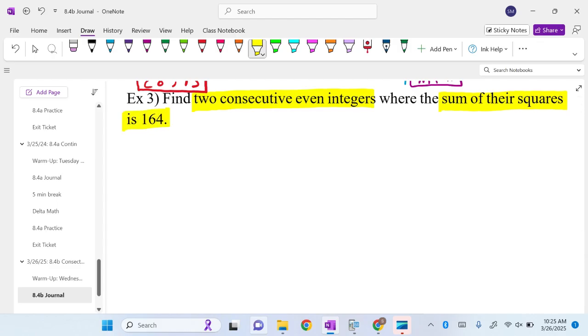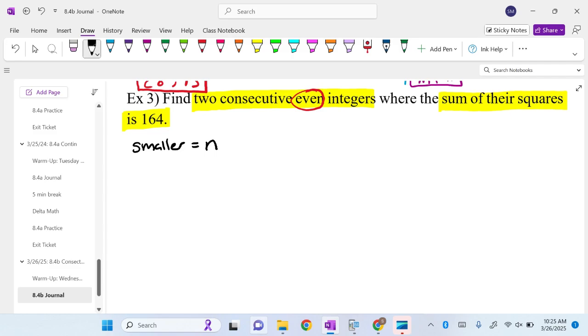So let's break this down again. First off, they want two even integers. So our smaller of the integers would always be equal to what?